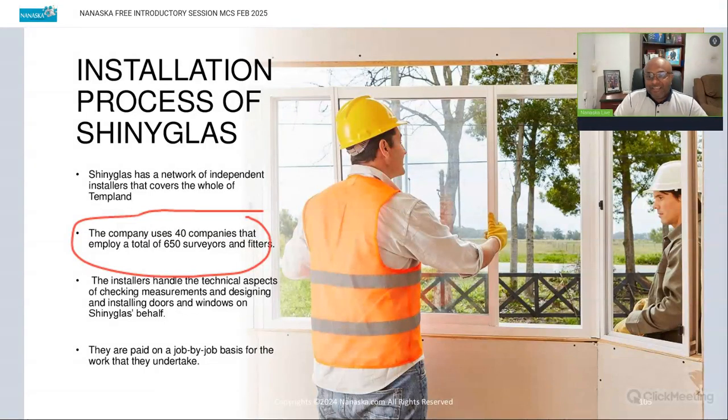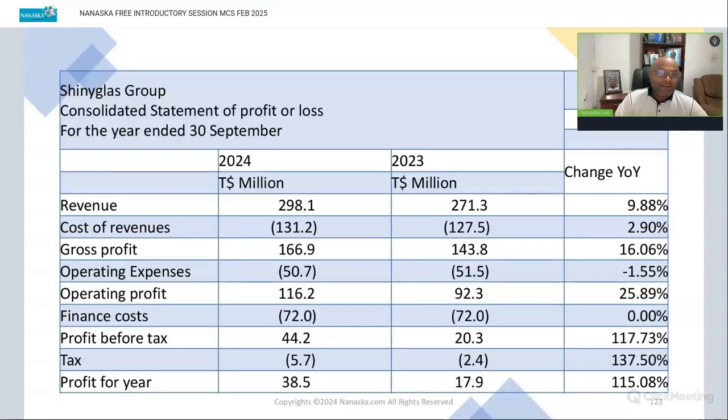I'm not trying to go into details of the organization today. Shiny Glass Group, we are making money. We have a $38.5 million profit for 2024. It has increased from 17.9 million to 35. So things are good for us. And this is the pre-seen company that we are talking about.